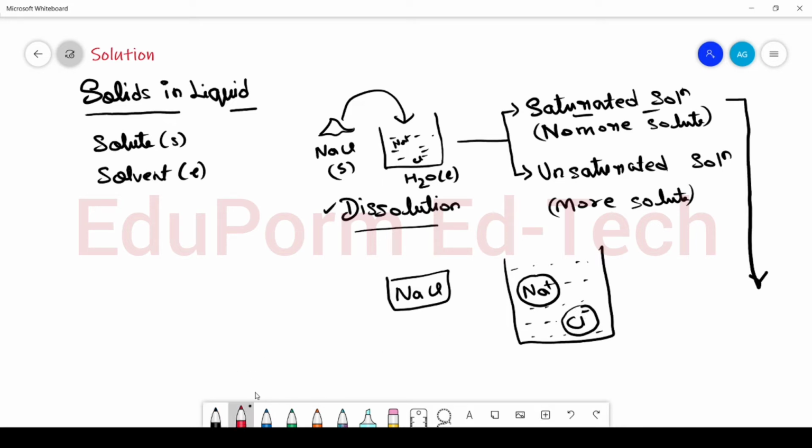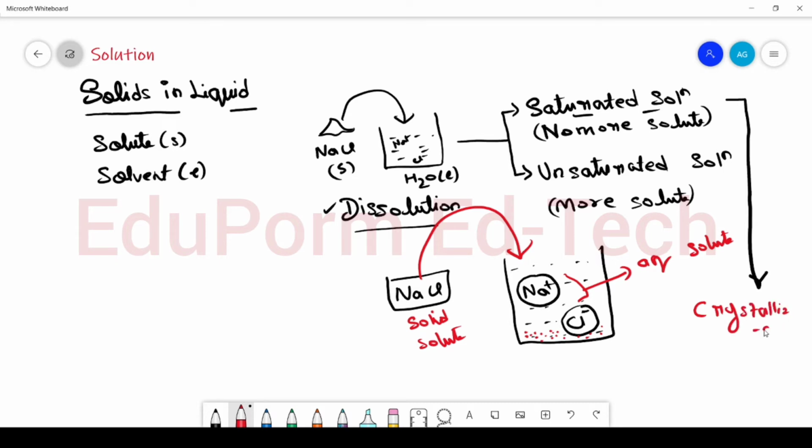And when I will add more of solid solute, this is our solid solute, without changing temperature, pressure and concentration of solvent, then the solid solute particle will collide with these aqueous solute particles present in the solution, and as a result the solid solute particle will get separated out. They will deposit at the bottom of flask and they will form crystals, and the process is called crystallization.